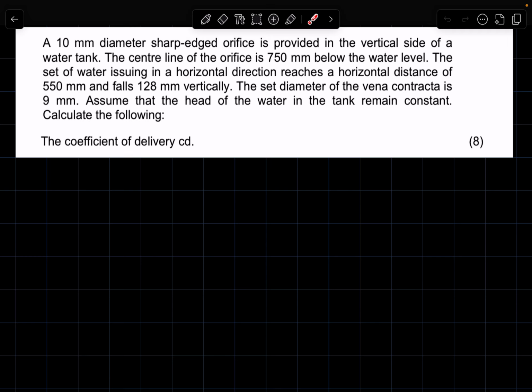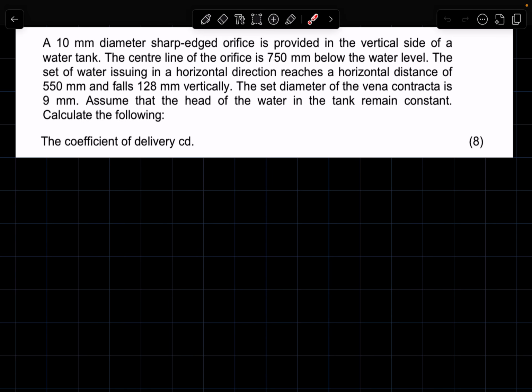Now let's look at the problem statement. It reads as follows: a 10 millimeter diameter sharp edged orifice is provided in a vertical side of a water tank. The center line of the orifice is 750 millimeters below the water level.